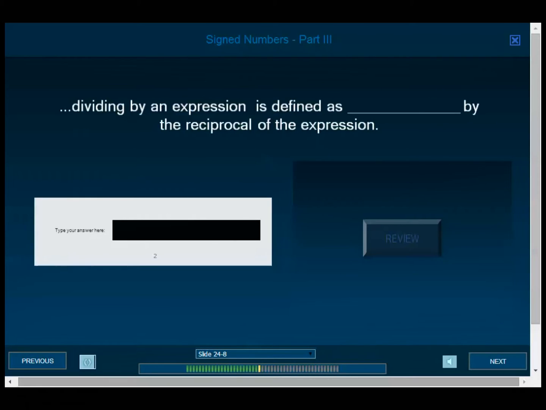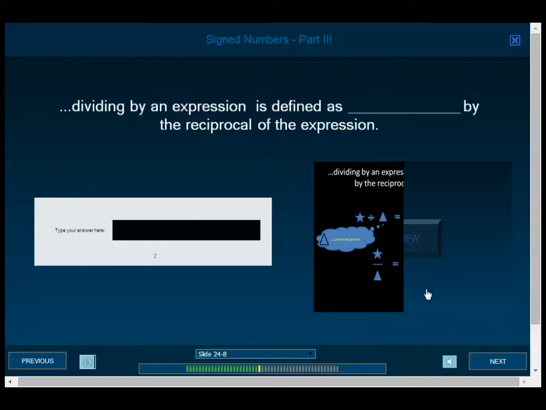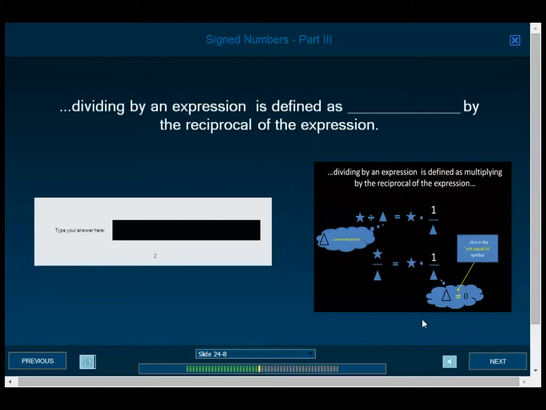Dividing by an expression is defined as multiplying by the reciprocal of the expression.